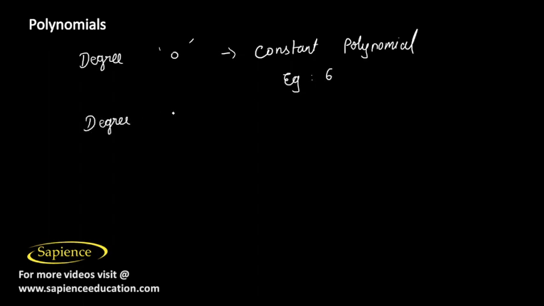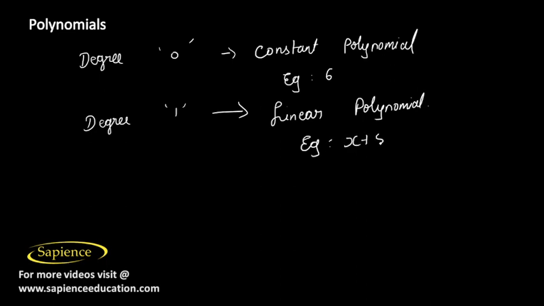When the degree is 1, it's called a linear polynomial. An example we saw earlier. When the degree is 2, it's called a quadratic polynomial.